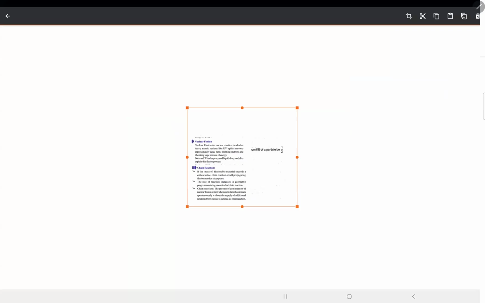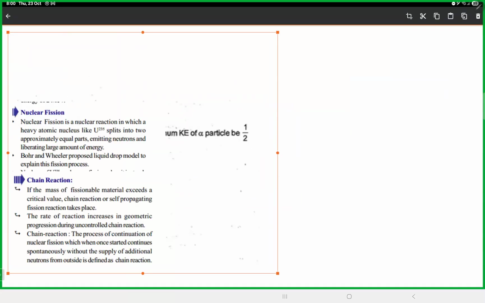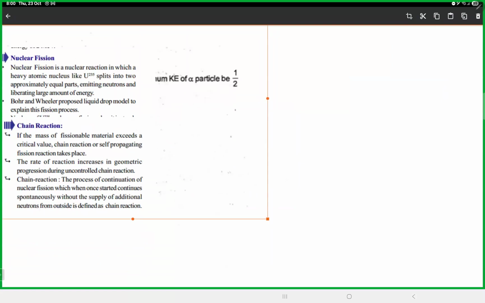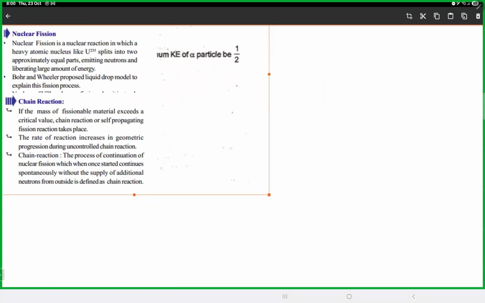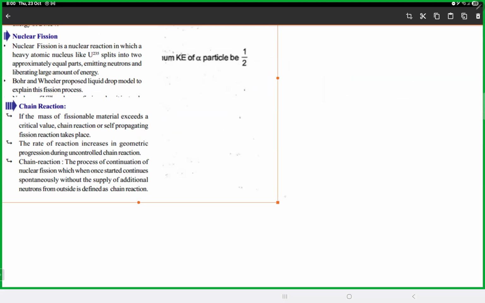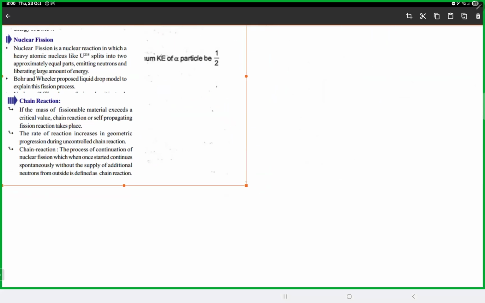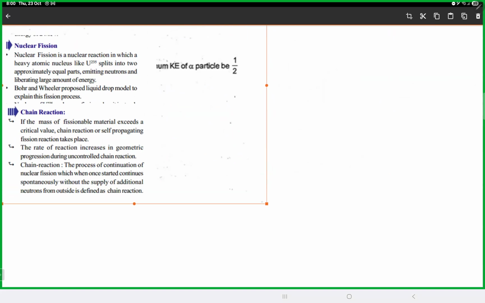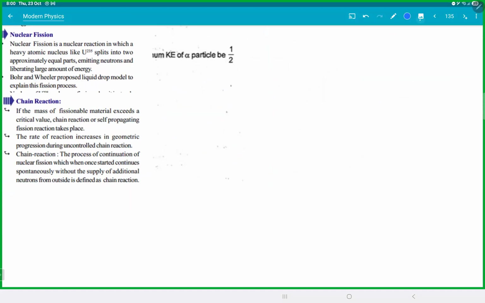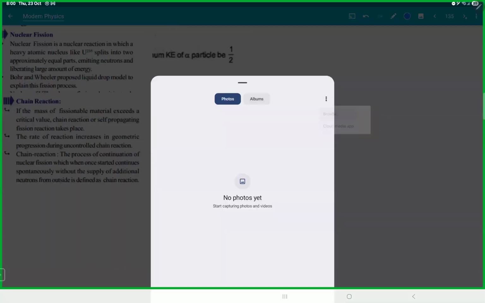So again, a lot of theory there. So just listen. So nuclear fission.